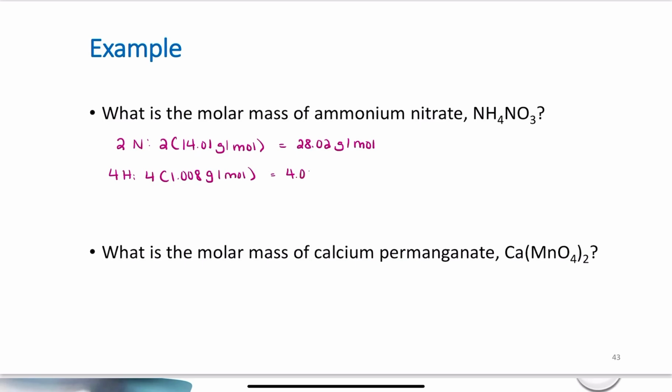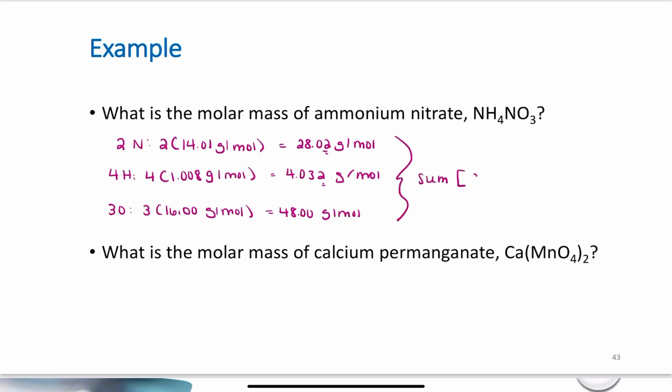Gives me 4.032 grams per mole, my sig figs, and 3 oxygen, 3 times 16 grams per mole is 48 grams per mole. Sum this up together. When I put this in the calculator, I get 80.052. That is grams per mole.